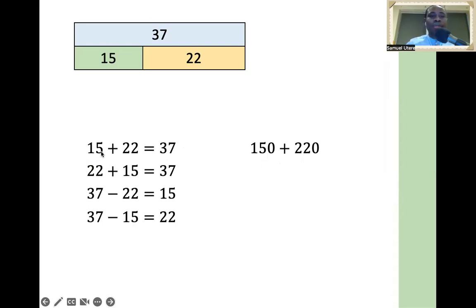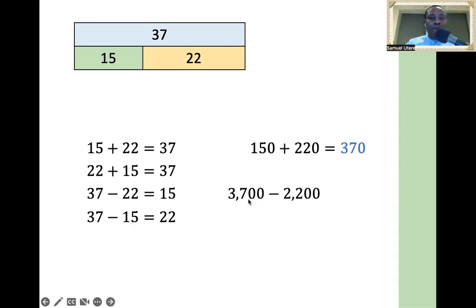So 15 add 22 is like saying 15 ones plus 22 ones equal to 37 ones. Now, this is the same thing as saying 15 tens add 22 tens, of course, will give us 37 tens. So we've just used a known fact to answer this question that could have looked difficult.